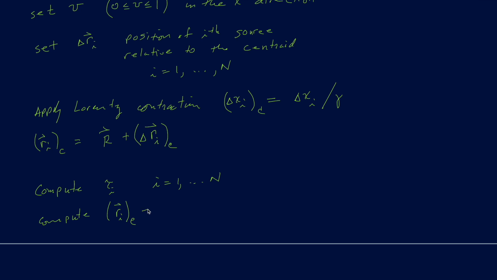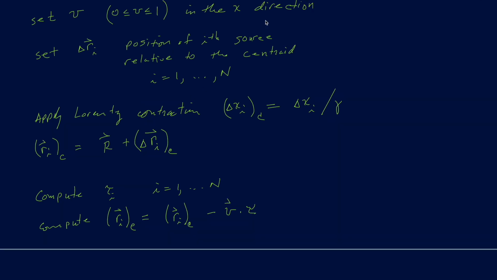The emit point is equal to r sub i c, this thing right here, minus velocity times tau. Okay, so now let's be really clear about something here. This is not an E, it looks a little bit like one, but it's a C. It's this thing here, the contracted position, okay?